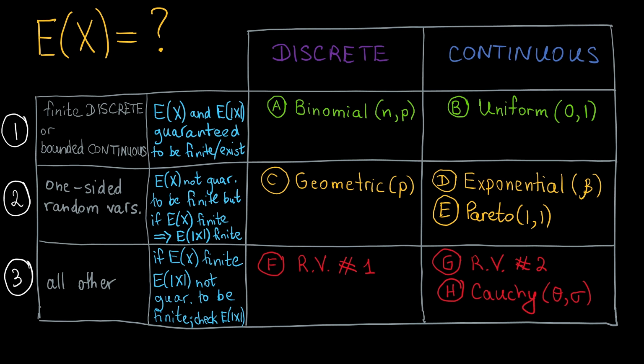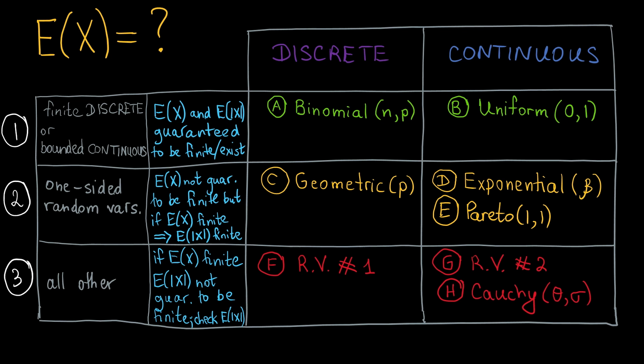We've looked at an example of a discrete random variable and a continuous random variable in this row 3. And as a reminder, in row 3 we looked at random variables that take on both positive and negative values. And for such random variables, we have to be careful, because establishing that the expected value of x is finite alone is not sufficient.